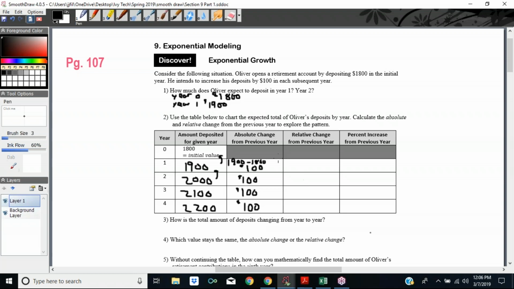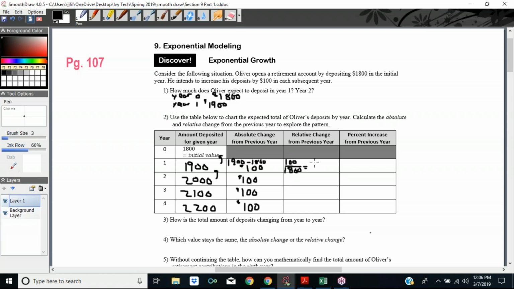Now the relative change is a little bit different. The relative change is taking that increase, 100, and dividing it by the previous year's amount, or the previous year's deposit. So 100 over 1,800 is going to be the first one. And we'll just write the relative change here as a decimal.